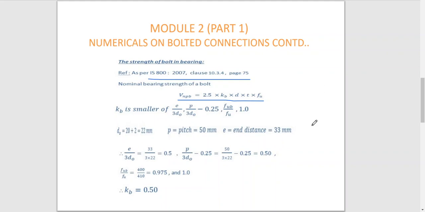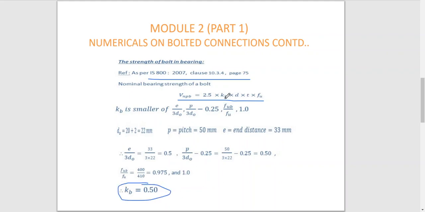For end distance, we calculate 1.5 times D naught, so 1.5 into 22, and for pitch we calculate 2.5 times the diameter, so 2.5 into 20, which is 50 mm. Substituting D naught, pitch and end distance in these formulas, we get kb as 0.50.